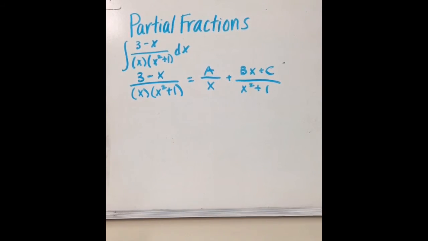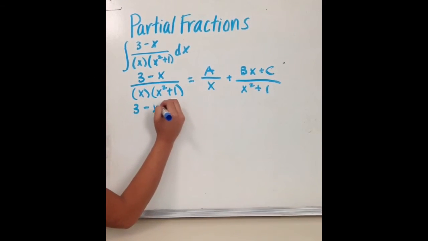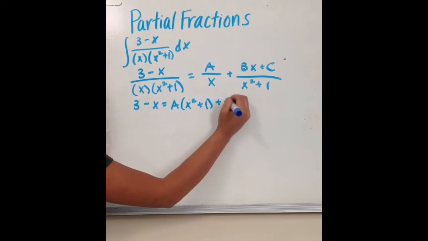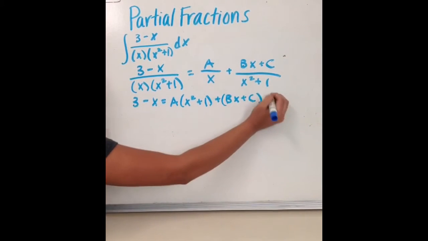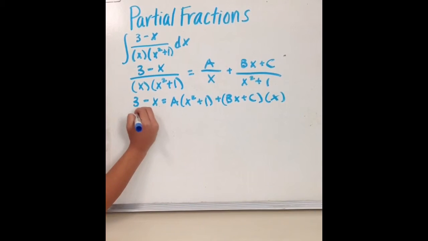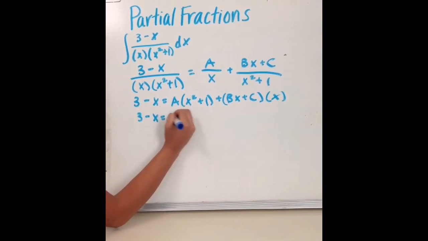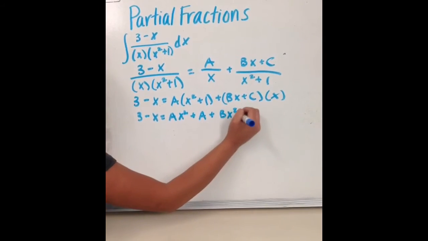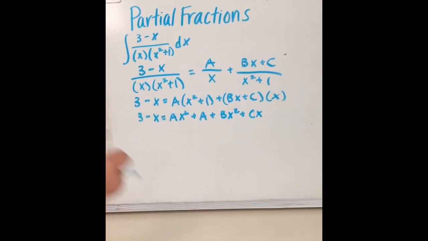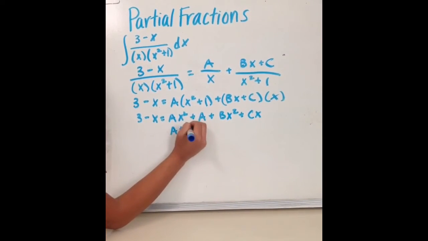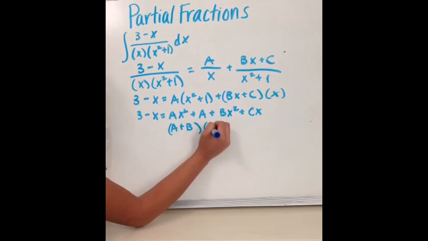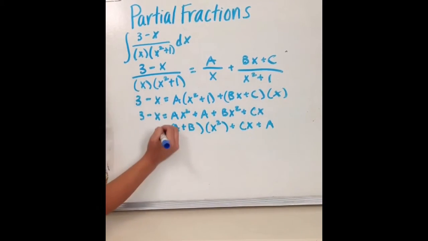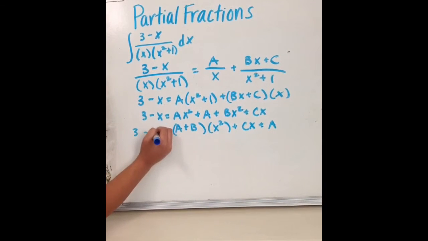So now we multiply to get rid of the denominator, and we multiply this out. And then we're going to group the like terms together. So (A plus B) x squared plus Cx plus A equals 3 minus x.